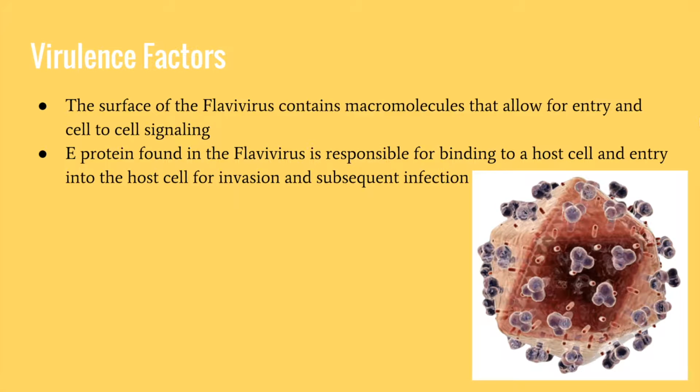The entire structure is designed to invade macrophages and just wreak havoc. So they are definitely hard to kill, hence why there's such a high mortality rate and why it's so virulent, and why we really, really need to vaccinate.